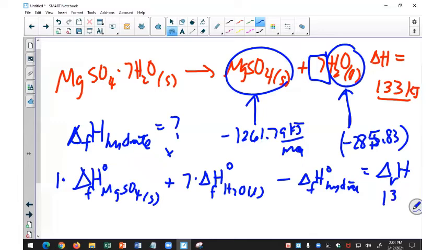So this is 133. This is 7 times negative 285.83. And this is 1 times negative 1261.79.